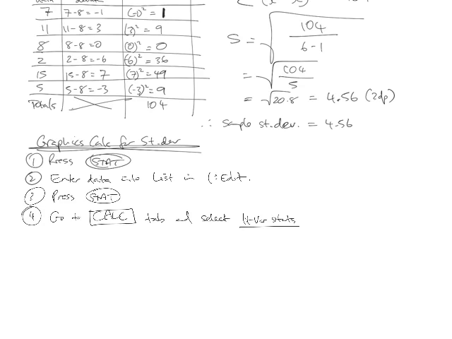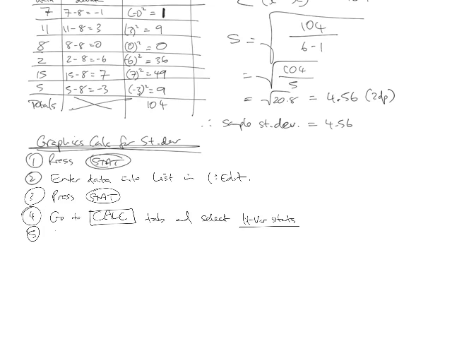And so I'm going to do that now. I'll go 1. My data was 7, 11, 8, 2, 15, 5. So I entered the data. Step 3, press stat again, select calc, select one var stats.